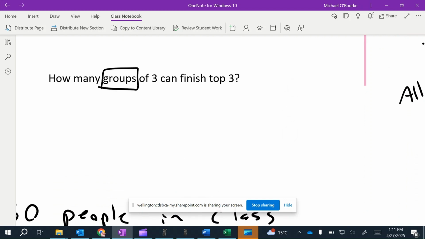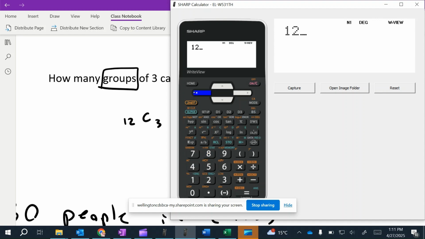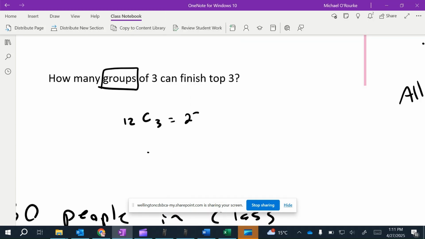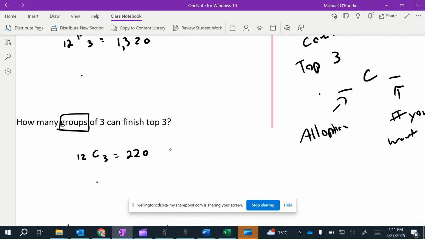Now, how many groups of three can finish in the top three? Groups have no order. Okay. So that's going to be a combination, as in 12C3. And we do that on our calculator the exact same way: 12, and you have an nCr right here, C3, 220. A lot less. Okay. Because if you think about it, let's say it was Mark, Stephen, and Gabriel, first, second, third. This is also a different order: first, second, third.